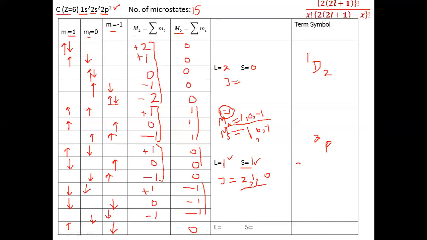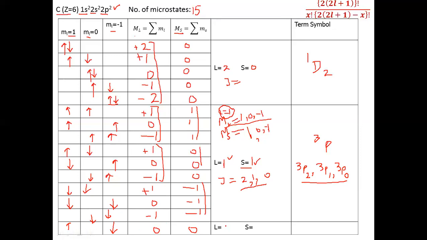So what can be the symbol? 3P2, 3P1 and 3P0. These three term symbols are possible. Now this system L is 1 minus 1 is 0.